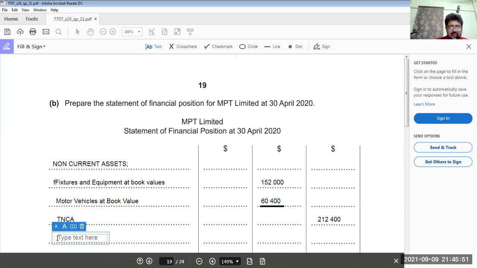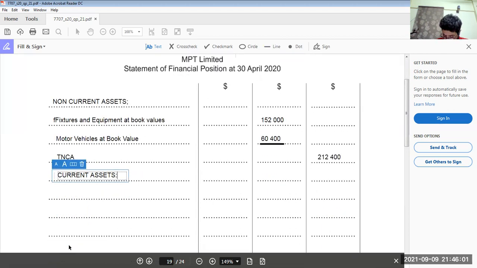Now, current assets heading. Current assets we have inventory. How much is the amount of inventory? 30,330. Done.